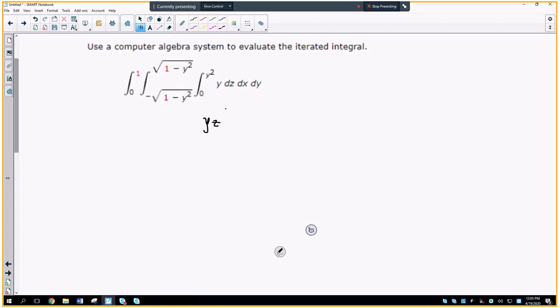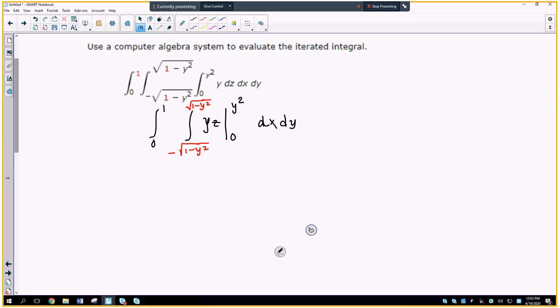And then the limits are 0 to y squared. And then you have integration with respect to the variable x, where the limits for the variable x are minus square root of 1 minus y squared to square root of 1 minus y squared. And finally, I'm going to integrate with respect to y, and the limits for y are 0 to 1.